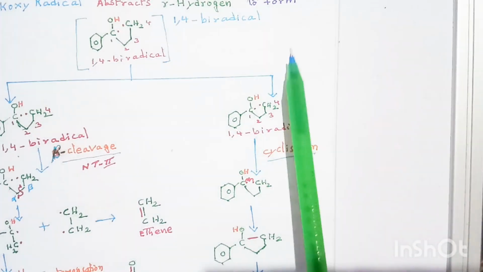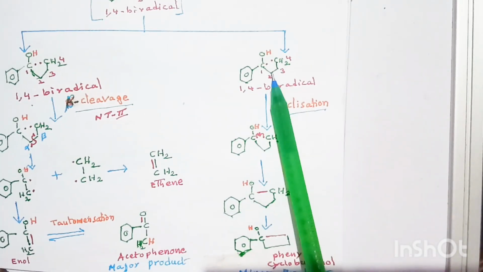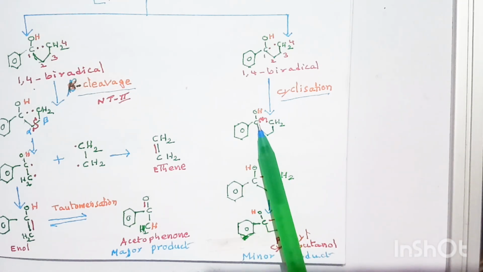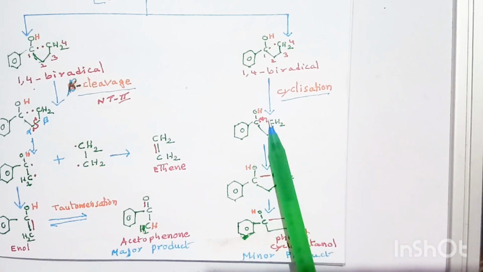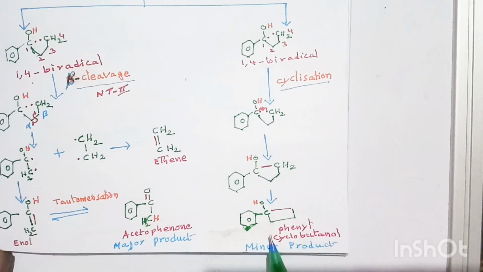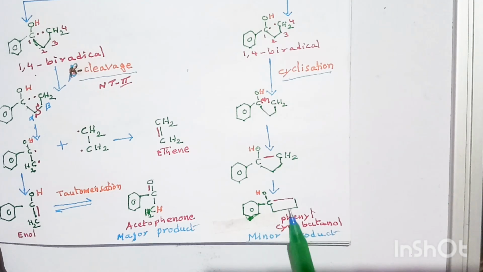Now let us see cyclization of the 1,4 biradical. This is the 1,4 biradical. Cyclization means the first radical and the fourth radical will join together to form a new bond between themselves. As a result, we get a 4-membered cyclic product.